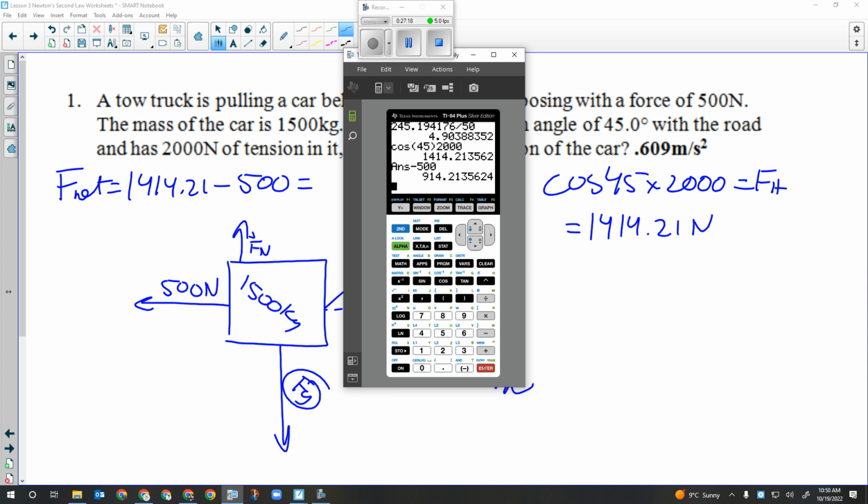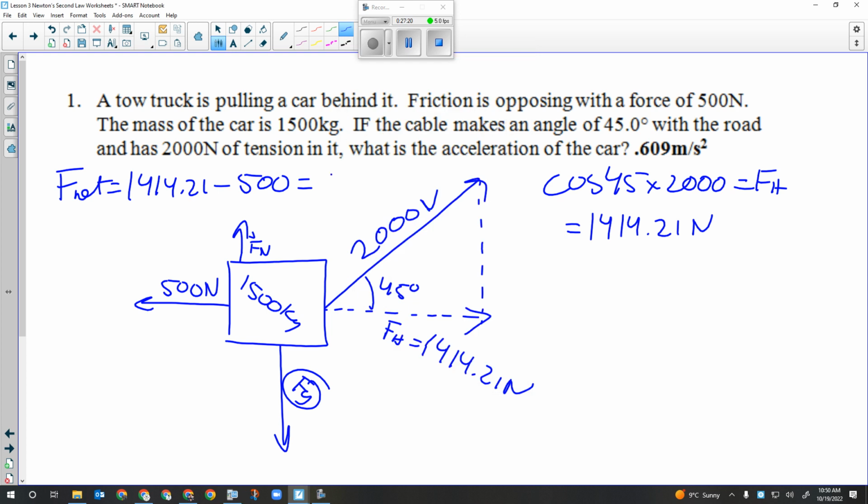All right, 914.21 newtons. Now what do I do? Right, now I do F equals m times a.